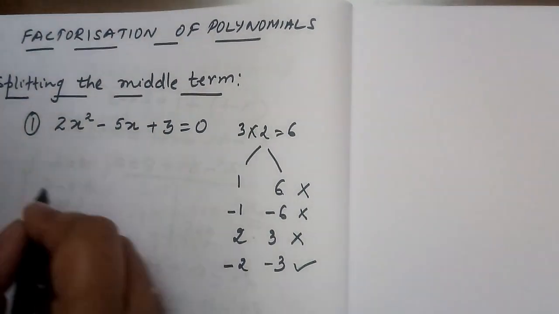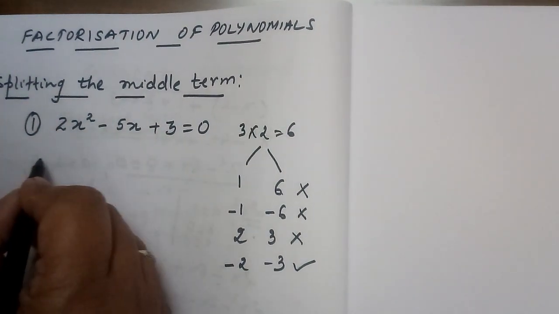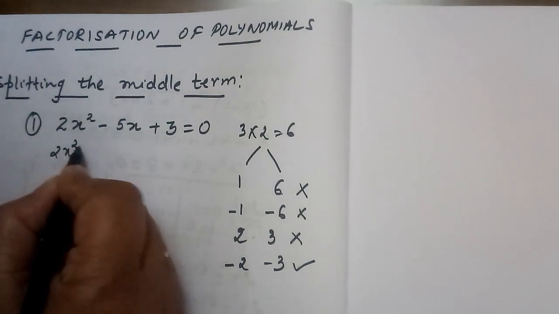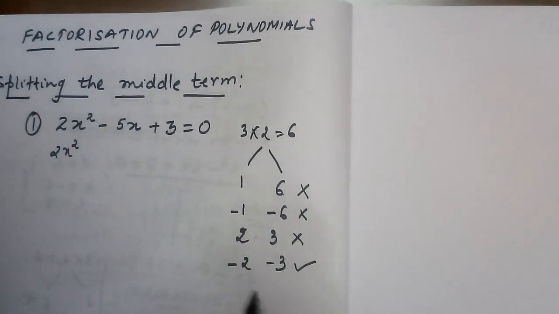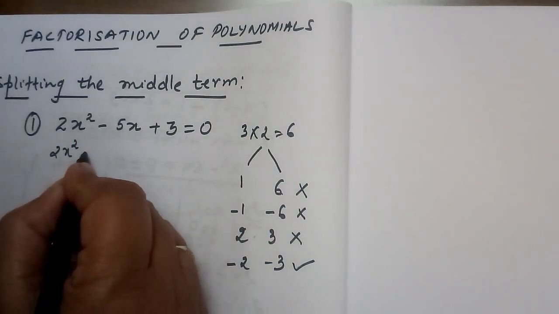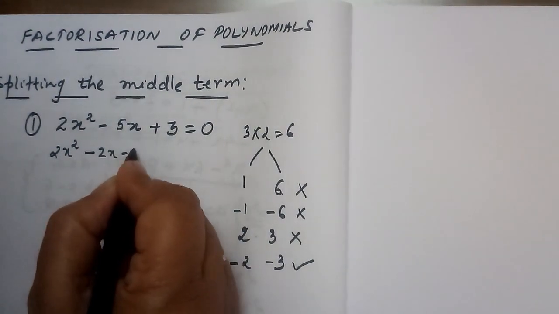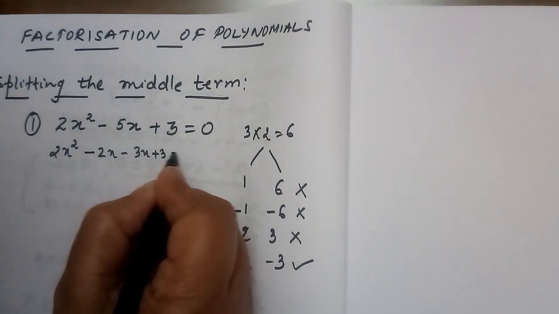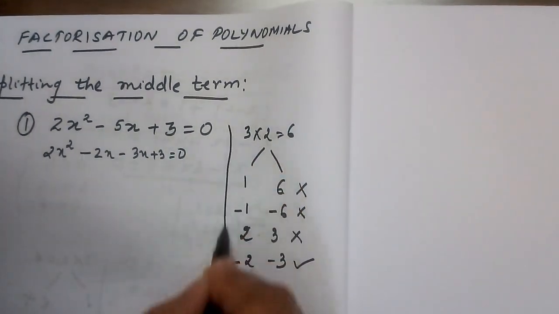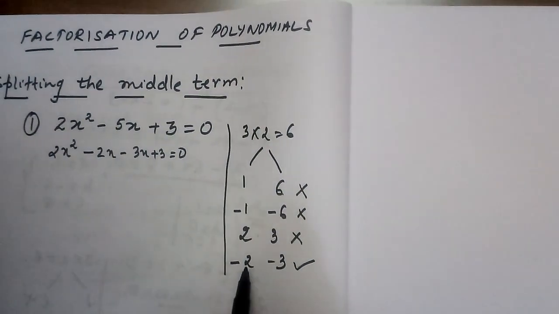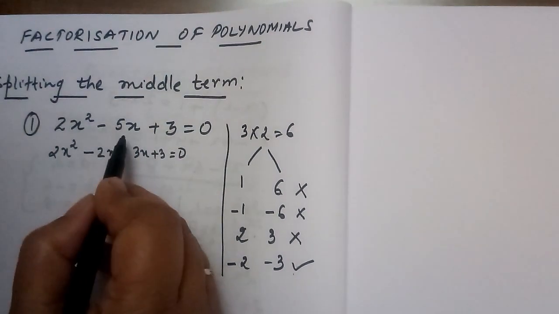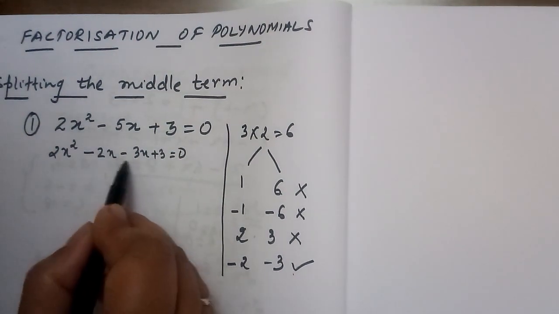So coming back to my question, what do I do after this? I rewrite it as 2x square, and I split the middle term using these 2 factors. So I get minus 2x minus 3x plus 3 equal to 0. Is that clear? I have used these 2 factors to split my middle term and I have written it as minus 2x and minus 3x.